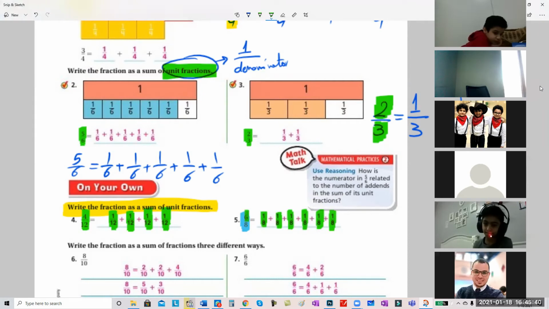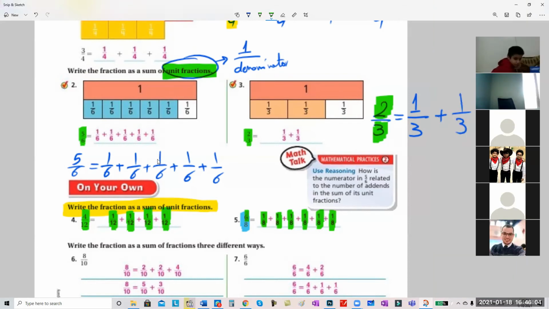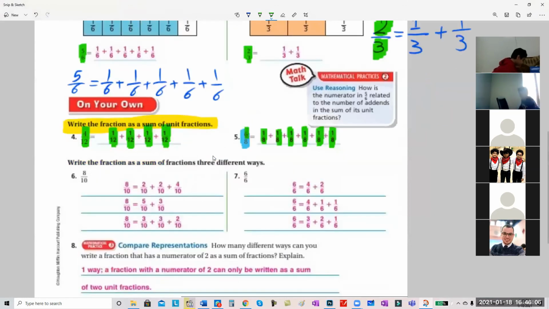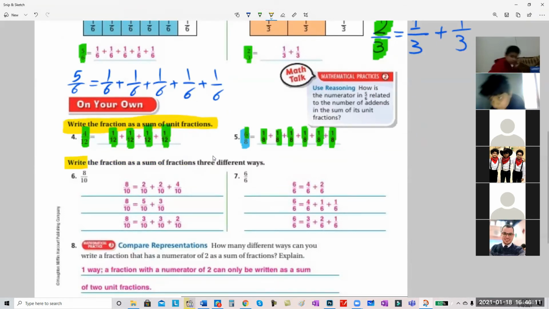Okay, I need someone smart here. If you see yourself smart, raise your hand. Okay, Abdulaziz, tell me the next one. Let's read the question first.